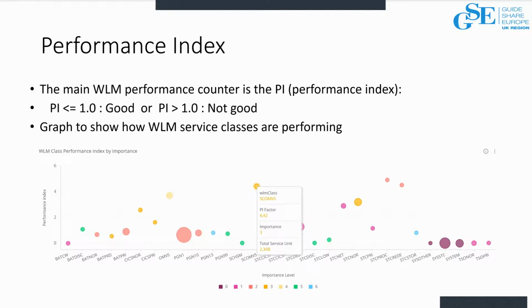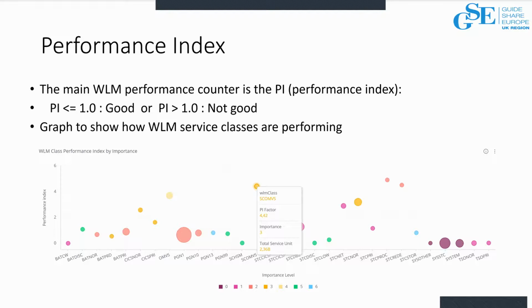But if your PI is under 1, and it's really under, like 0.1 or 0.2, it means that it's really easy for the system to achieve the performance definition, the goal definition.